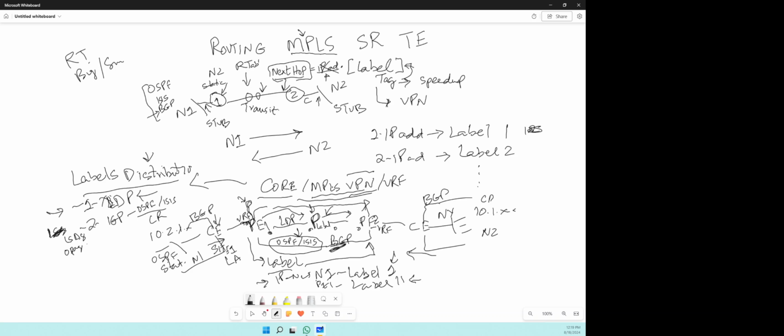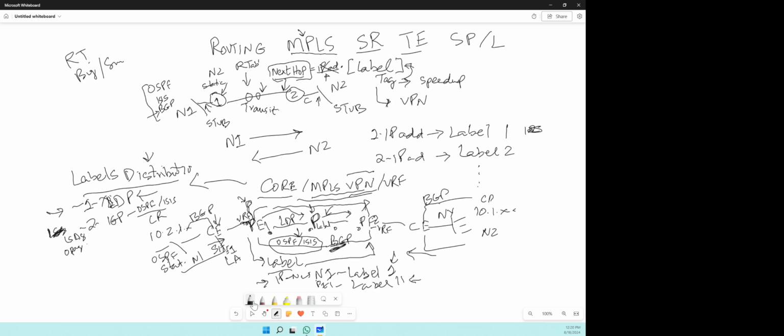But obviously, these technologies, MPLS, VPNs, segment routing, traffic engineering, are for service providers and large enterprises, very large enterprises that are using these scalable technologies.